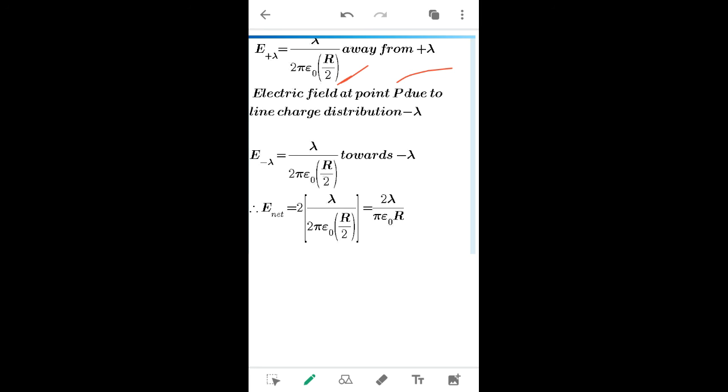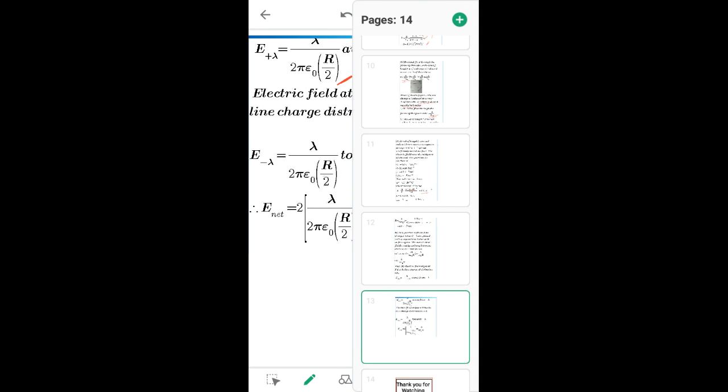Therefore, for minus lambda it will be lambda by 2 pi epsilon naught r by 2 towards the negative. So when we add these two, E equal to E plus and E minus, what you get is 2 into lambda by 2 pi epsilon naught r by 2. So the answer comes to be 2 lambda by pi epsilon naught r. So what is the correct option here?